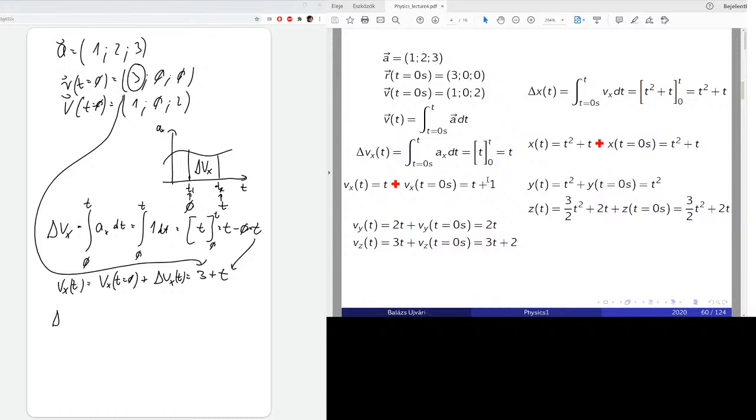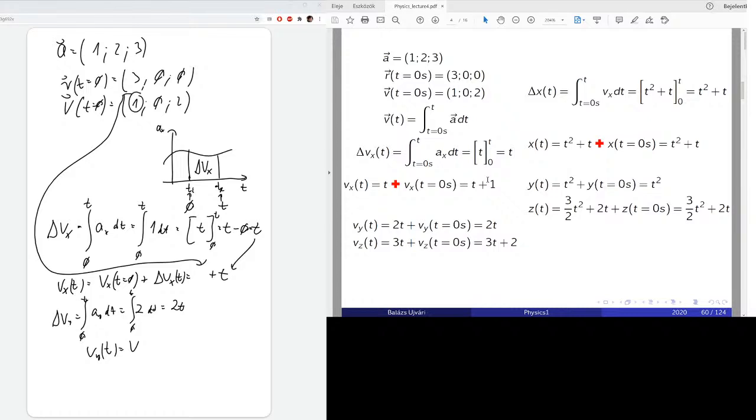Vy is simply the integral from 0 to t of ay, which is the integral of 2 from 0 to t, which is 2t. No, sorry, I meant the velocity, and the PDF is correct, I missed it in the table.